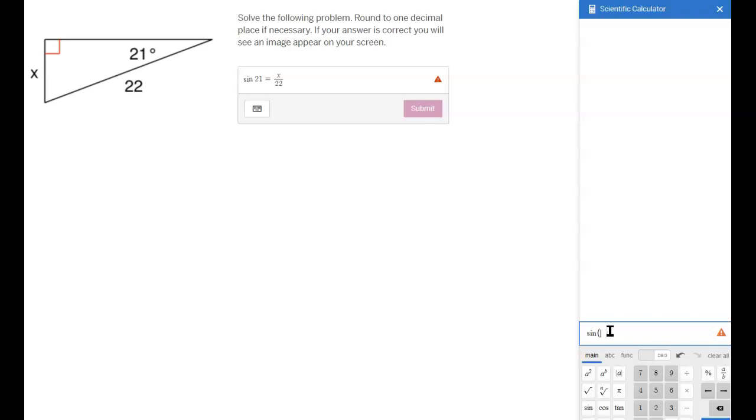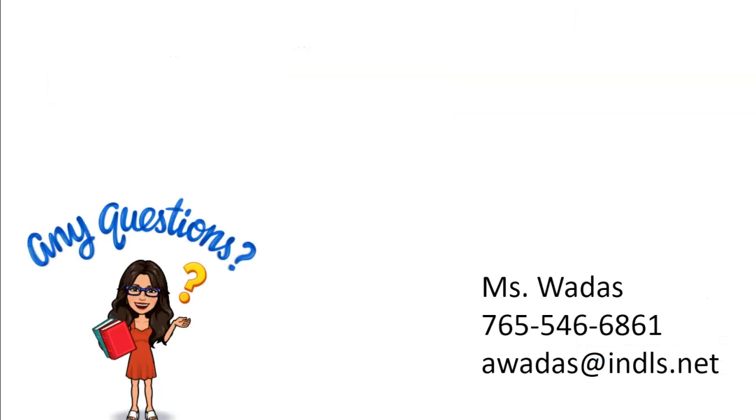Make sure you put that in parentheses. Times 22 is equal to x times 1, which is just x. Notice that if I take that away, it's going to tell me that x is equal to 7.884. As always, let me know if you have any questions about this lesson or assignment.